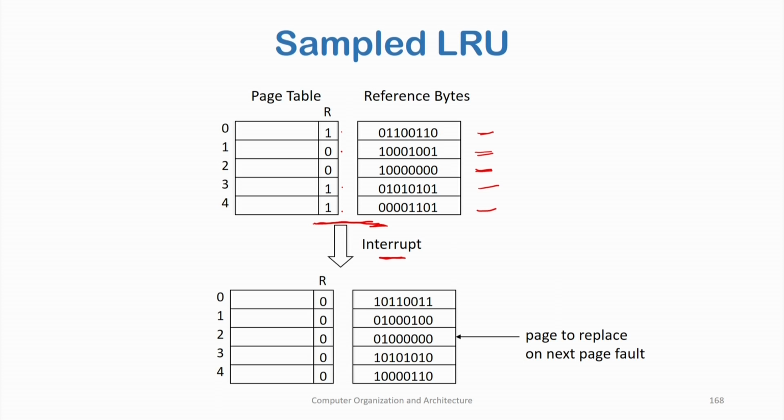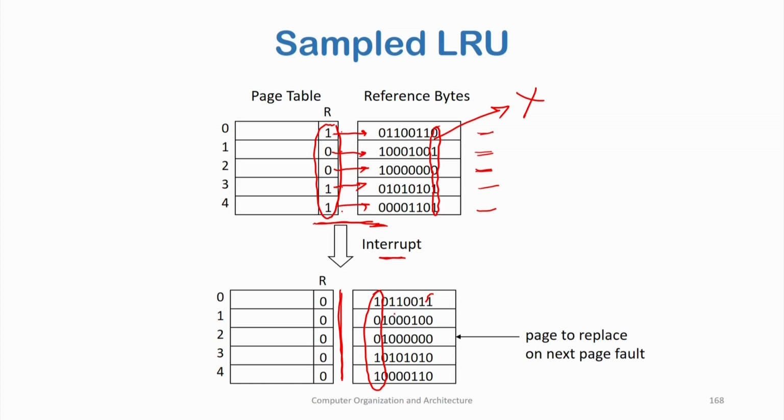What does the OS do? It first throws away the least significant bits of the reference byte, and I am stuffing the reference bits into these places. These bits here are the same as the MSBs here. Then I am clearing all my reference bits.